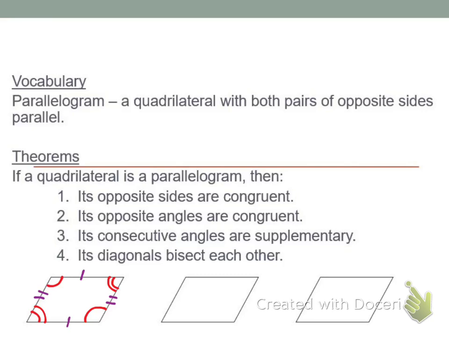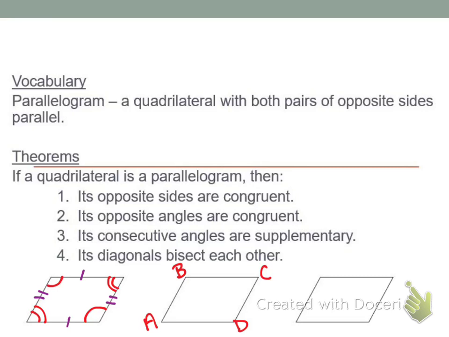All right, number 3, going in the second diagram at the bottom here, is that consecutive angles are supplementary. That is a little bit harder to depict. Okay, but I am going to label them A, B, C, and D. Those are my angles.